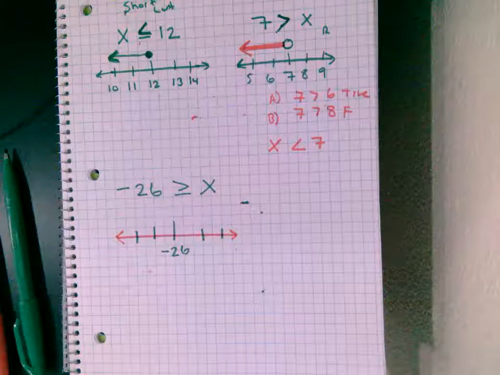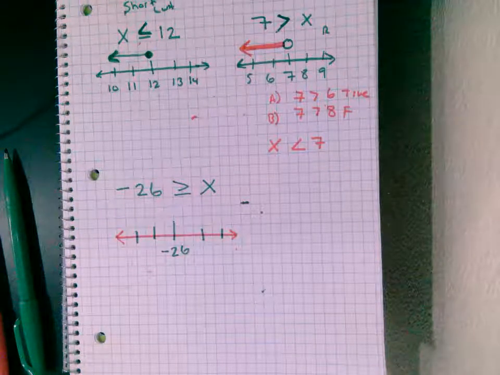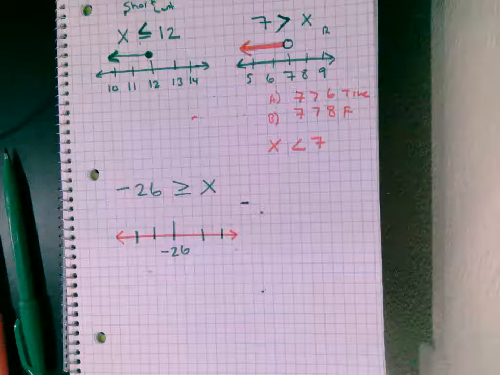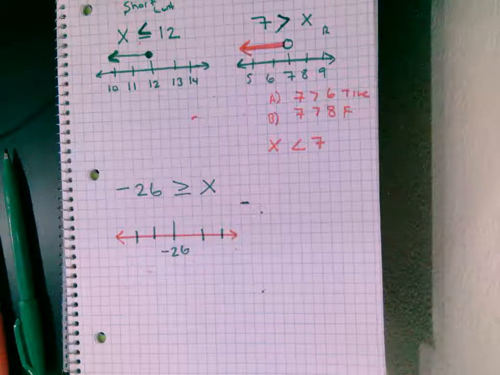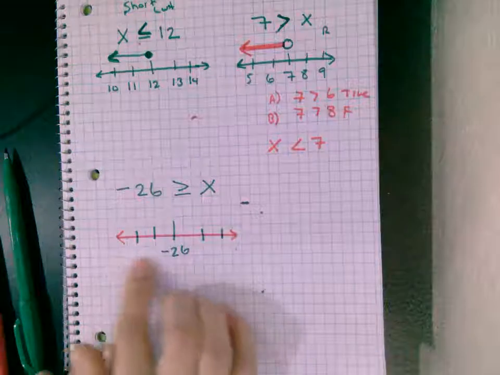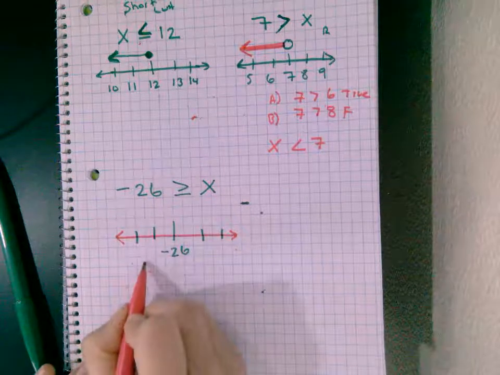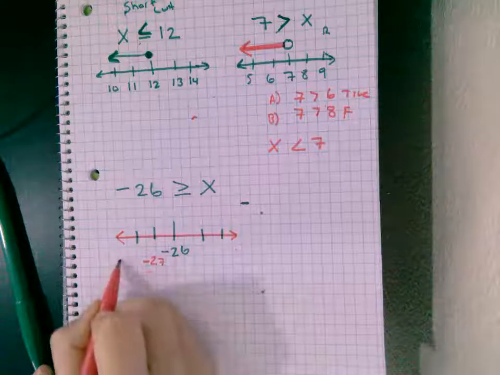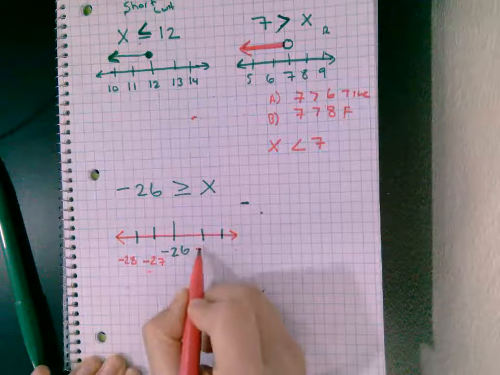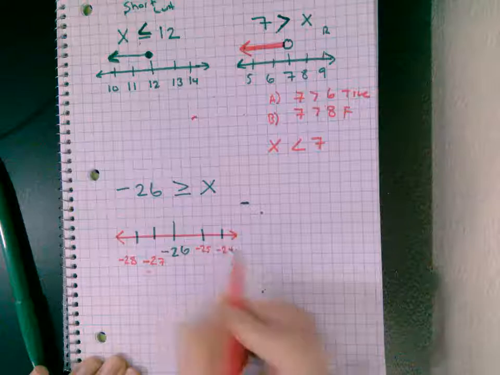And the number one thing kids make a mistake on is which numbers go on the left side, which number goes on the right side. So double check that on your number line, you have negative 27 here, negative 28, negative 25, and negative 24 on this side.